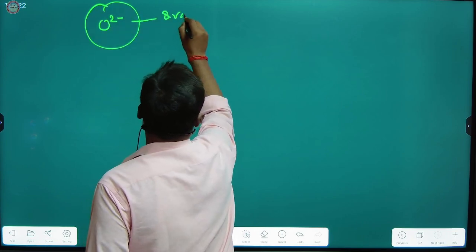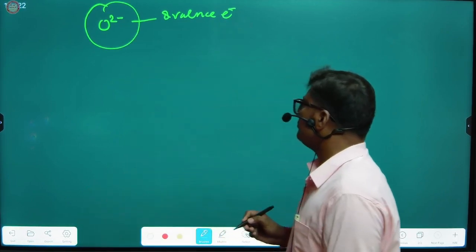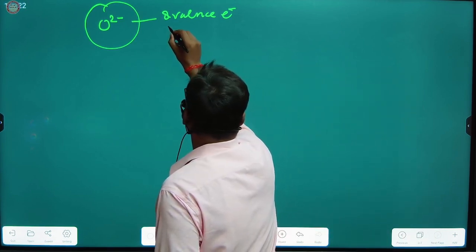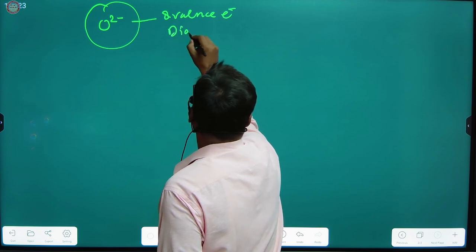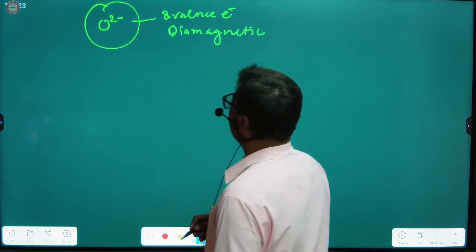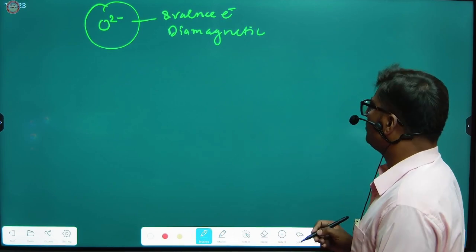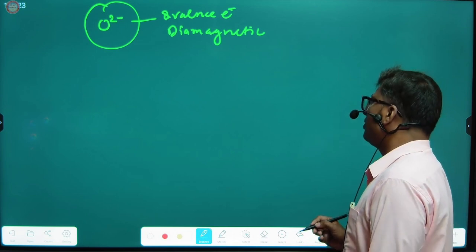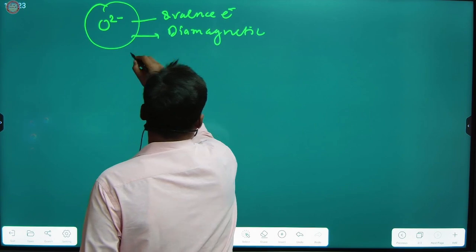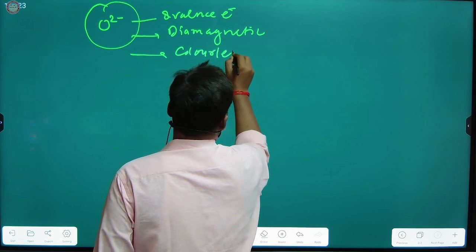And this is why it is diamagnetic in nature. The compounds which form through the reaction of the oxide ion are colorless. So actually all compounds are colorless.